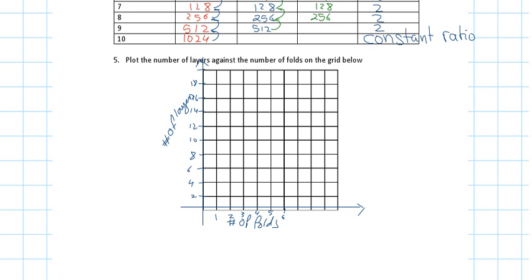So if I have 1 fold, I had 2. Two layers. If I had 0 folds, how many layers did I have with 0 folds? 1. 1, right? So I can include that here. So at 0, I have 1. At 2, I had 4. At 3, I had 8. At 4, I had 16.